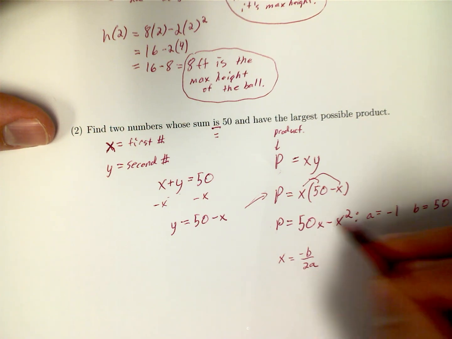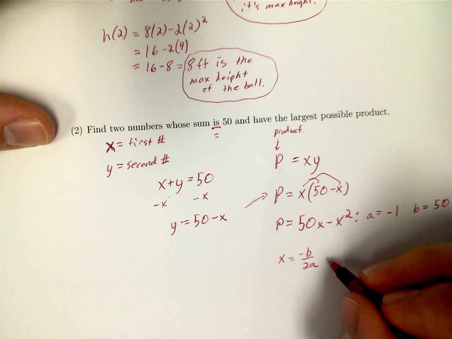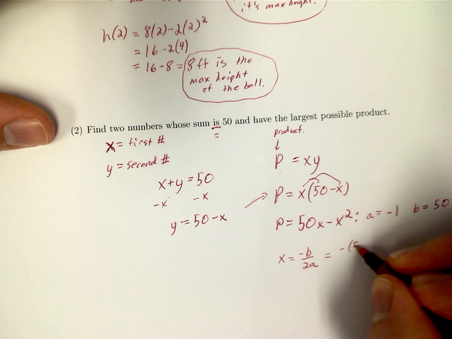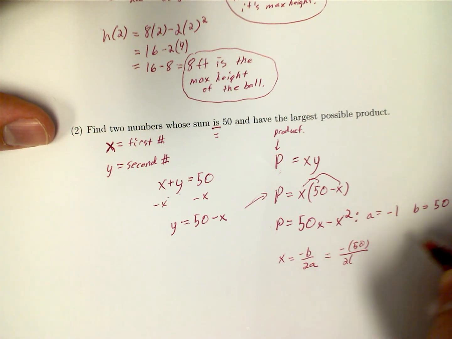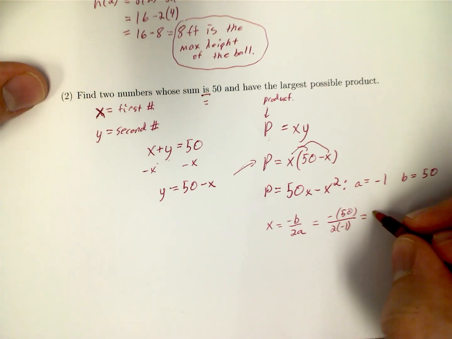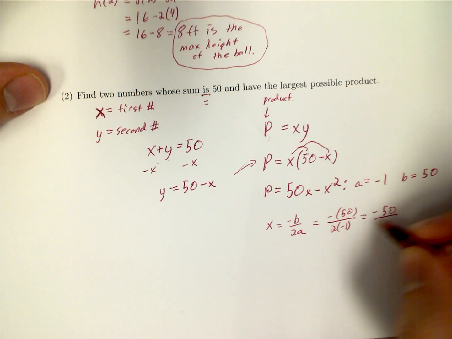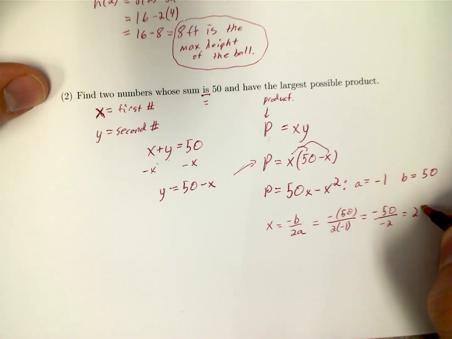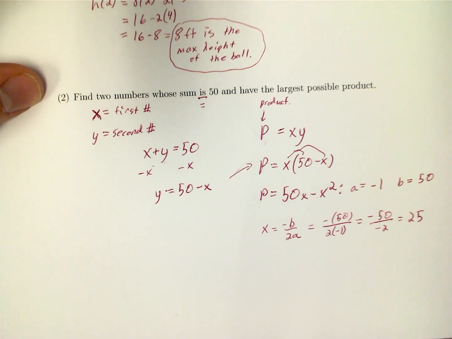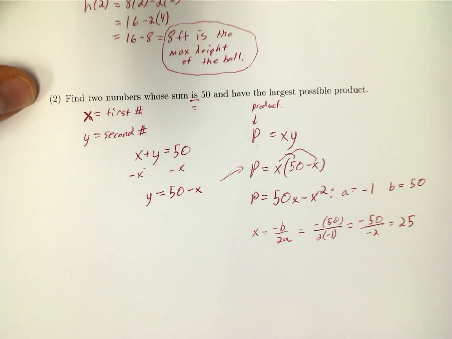So again, don't forget the negatives for your coefficients. So we have negative 50 over 2 times negative 1, which is negative 50 over negative 2, which is positive 25.